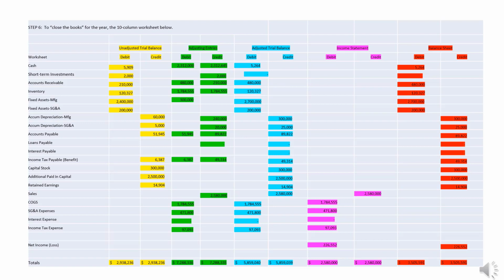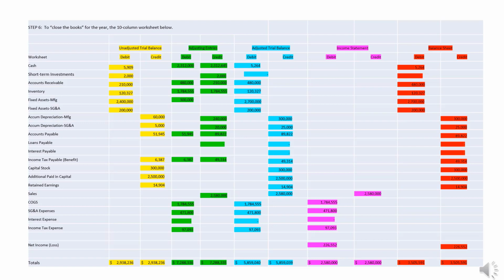The unadjusted trial balance is just a listing of all of the accounts in the general ledger. They balance at the bottom. The adjusting entries are those adjustments that we post, and I'm not going to go into the details of where these numbers come from, but suffice it to say, these are the adjustments needed to correct the accounts.